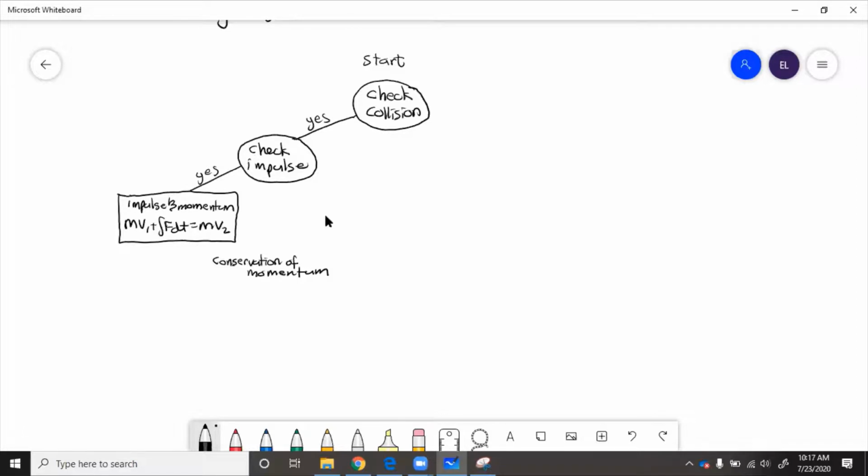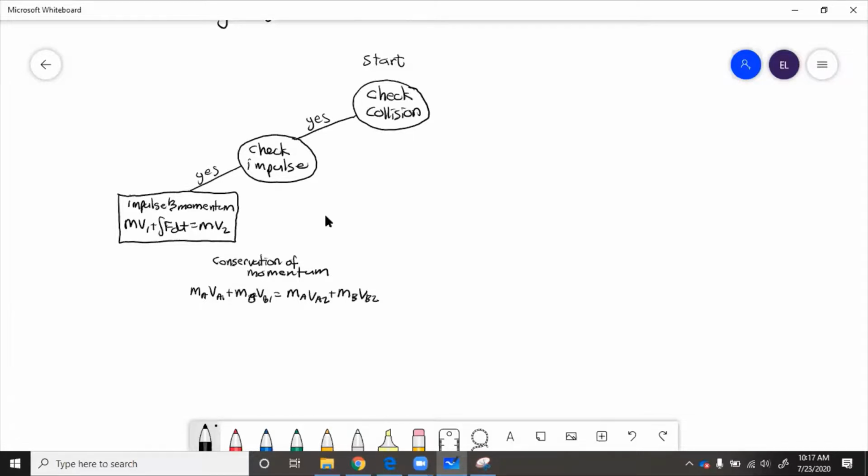For that, we have two equations. ma va1 plus mb vb1 equals ma va2 plus mb vb2. This one's conservation of momentum.